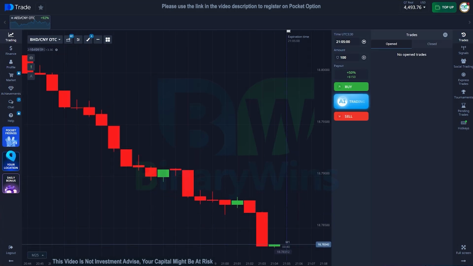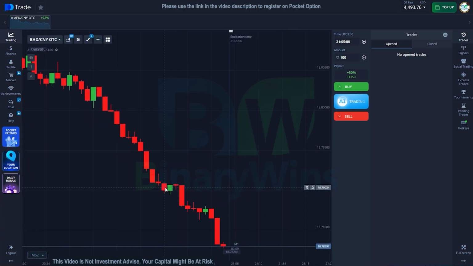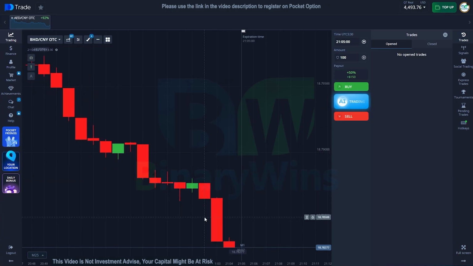But the final reason is the formation of a consolidation area, when the candles move close to each other between a support and resistance. For these reasons, I entered the lower trade.